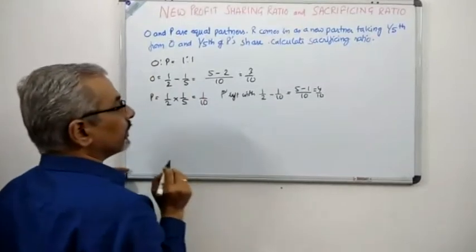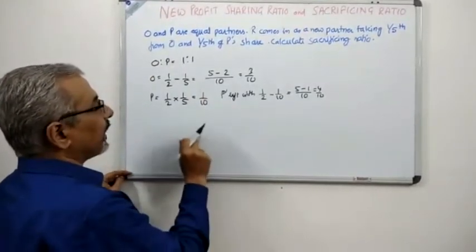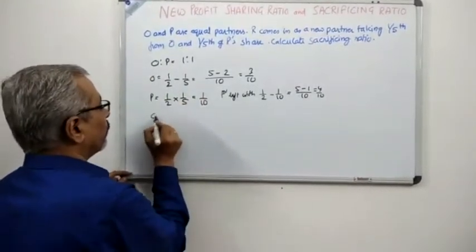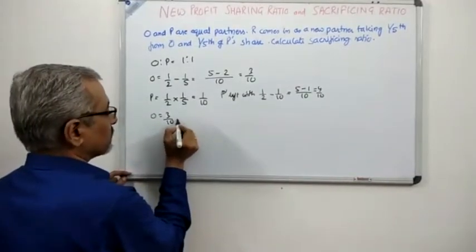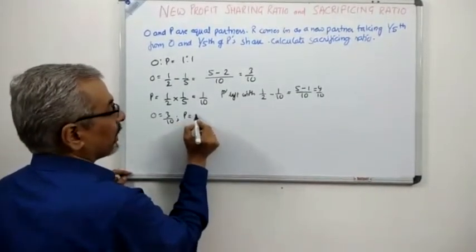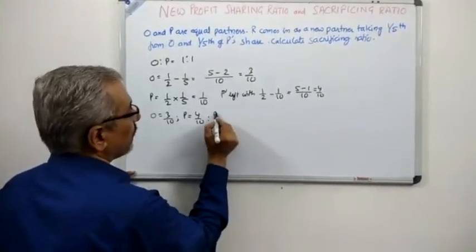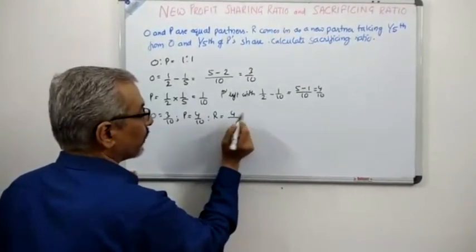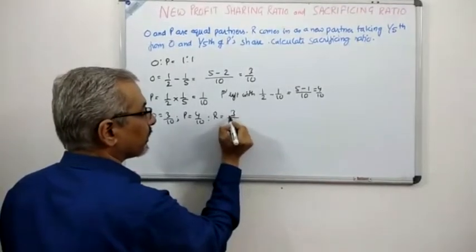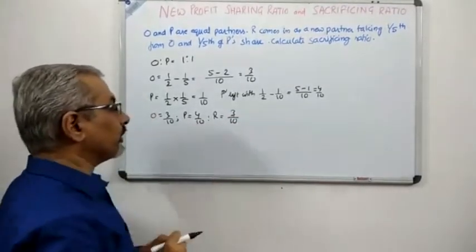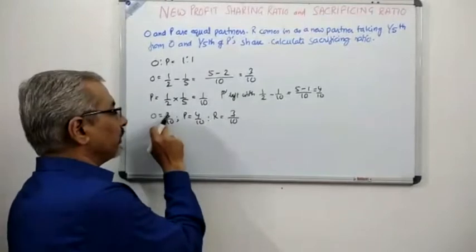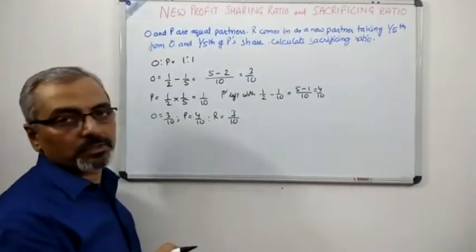So you can see very carefully that we have over here O as 3/10, P as 4/10, and therefore the next partner R will obviously be 3/10. Why? Because the denominator is 10, and we can see over here 3 plus 4 plus 3 is 10/10.